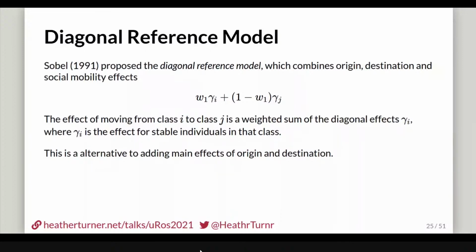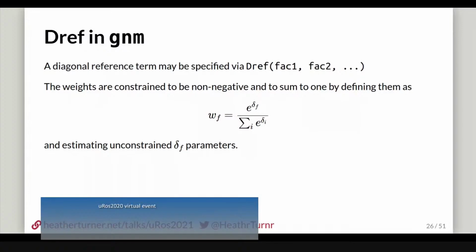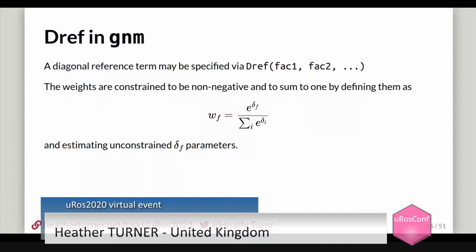So we can fit this in GNM using the DREF term that I mentioned earlier, and it's actually quite general, so we can have more than two factors, but in this case we've just got the two factors, origin and destination. And the weights need to be non-negative and to sum to 1 for the weighting to make sense.